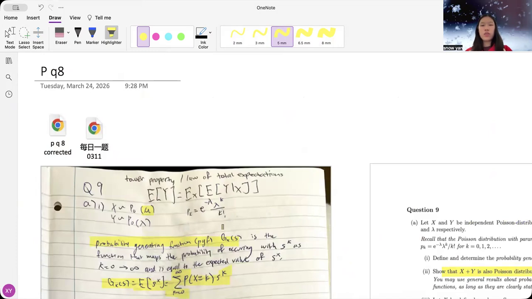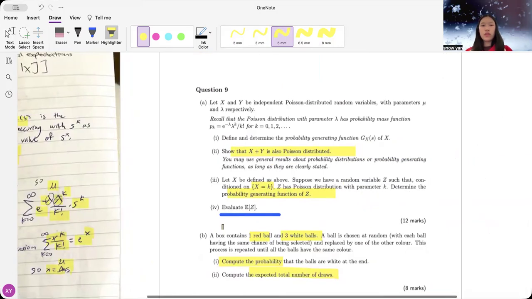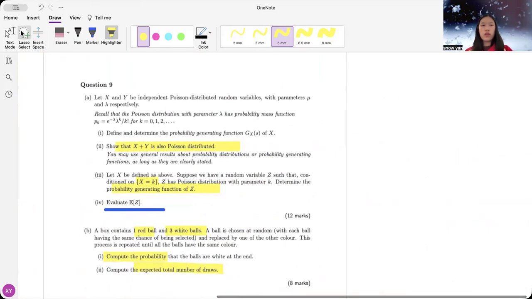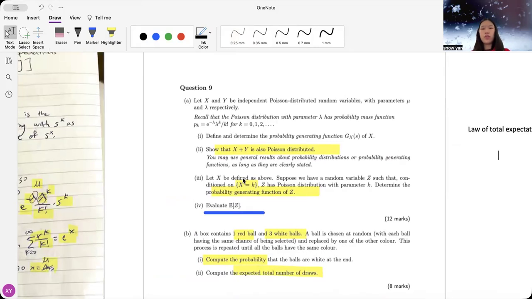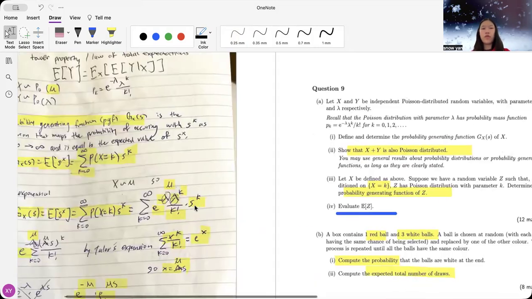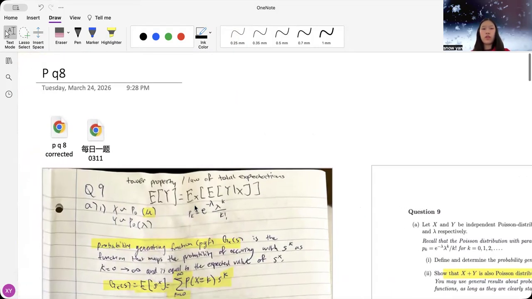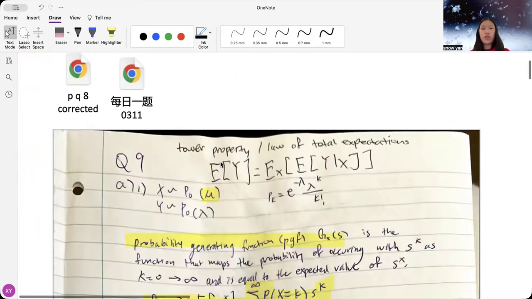I think the difficulty in this problem was just knowing about the law of total expectations, also known as the Tower property. I think that hindered me from doing part 3 and part 4. I wrote this equation on top here.